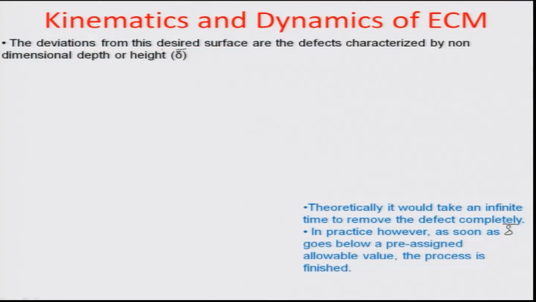So, the deviations from the desired surface are the defects characterized by non-dimensional depths or heights delta dash. Let us look at how we will figure out the delta dash.